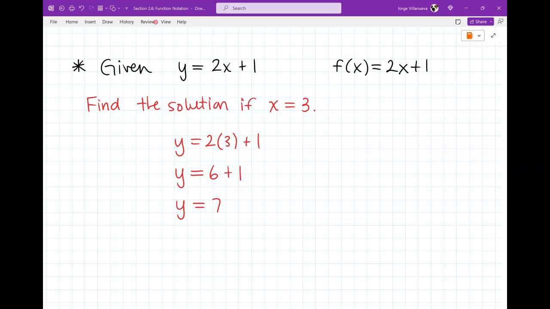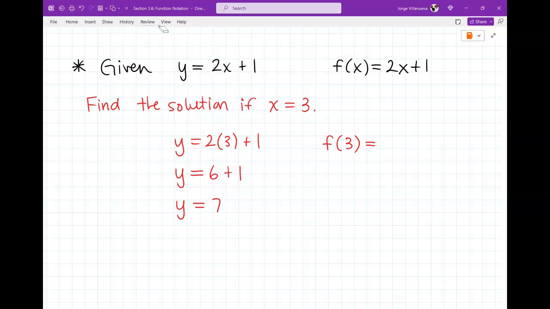The right side is the same exact answer, but look at the way it looks. Instead of f of x, I'm going to put f of 3. That means I'm plugging in a 3 for x. Okay, it does not mean f times 3. I get a lot of students that will do this as the next step. They say, oh, that's 3f. That's not right. Okay, I understand why you do that because it looks like it's f times 3. So f times 3 is 3f. True. But that's function notation.